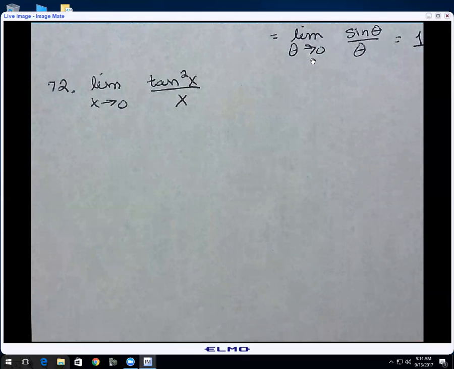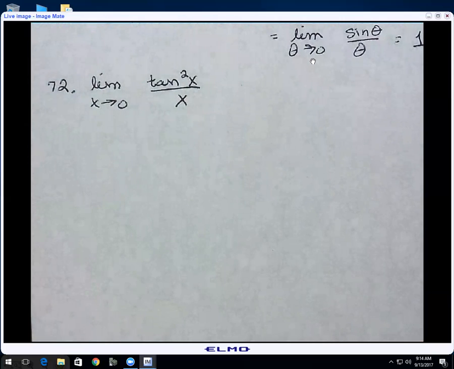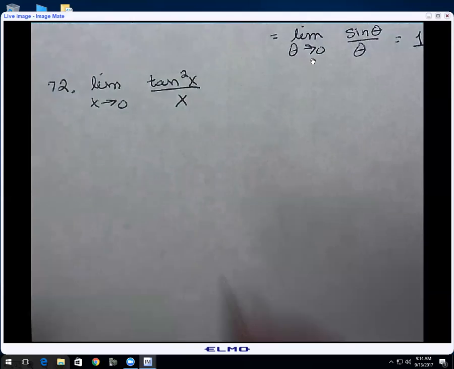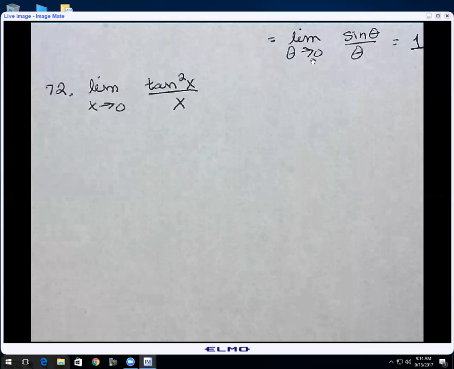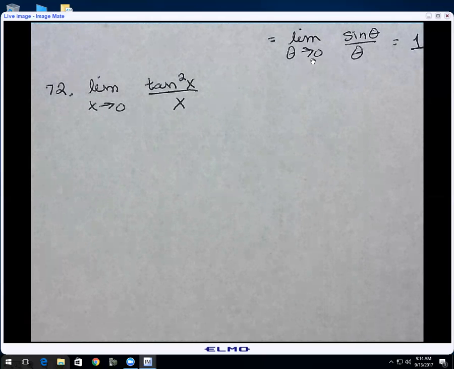I definitely can't evaluate it by direct substitution. That's tangent squared x. None of my algebraic tools help. Not one of my special limits. Somehow I bet it factors or something into one of my special limits.